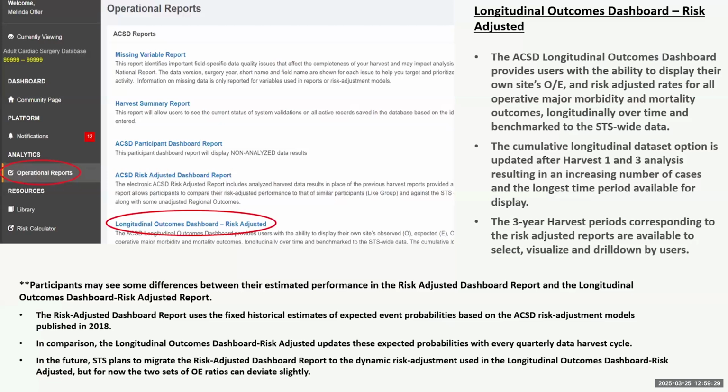Okay. I want to mention the operational reports, the longitudinal outcomes dashboard, which is risk adjusted.